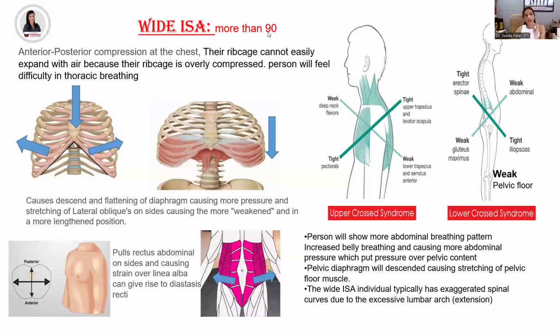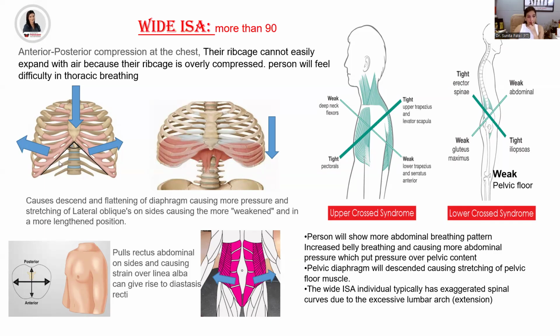Again, let me just go through the slide. A wide infrasternal angle of more than 90 is going to increase the anterior posterior compression at the chest. The rib cage cannot easily expand with air because the rib cage is over-compressed. The person will feel difficulty in thoracic breathing.